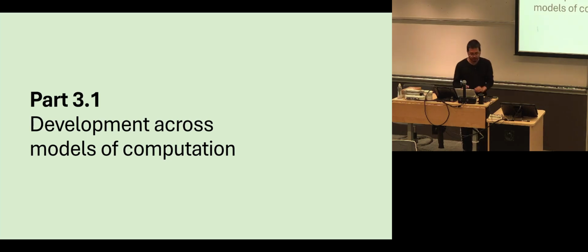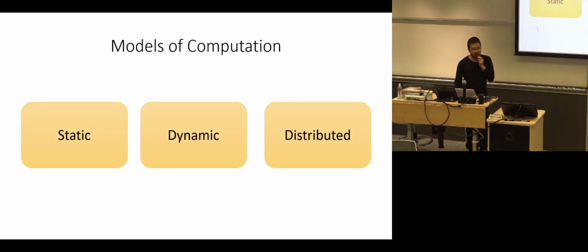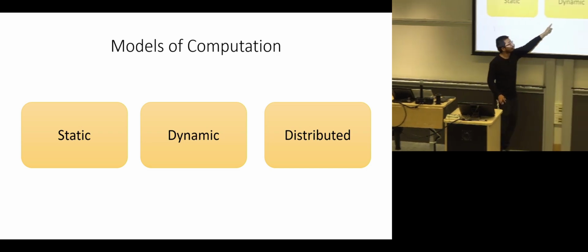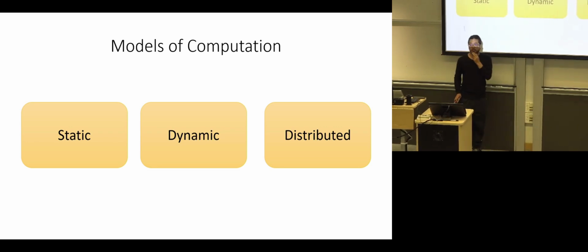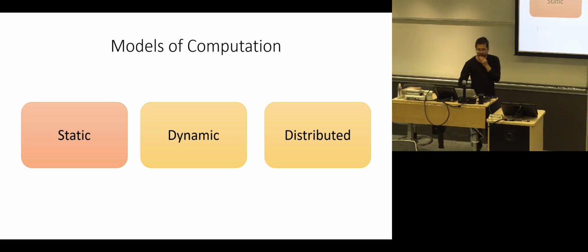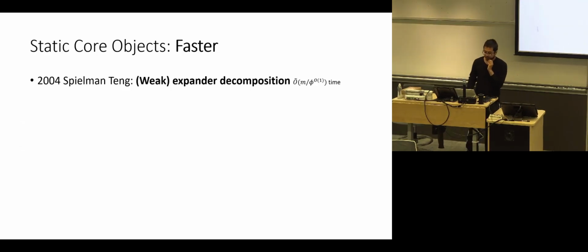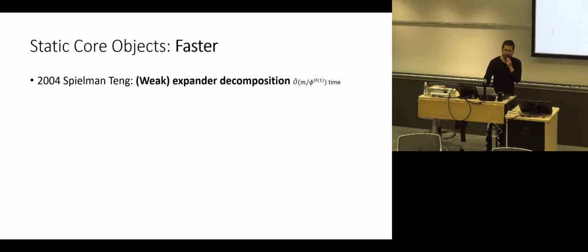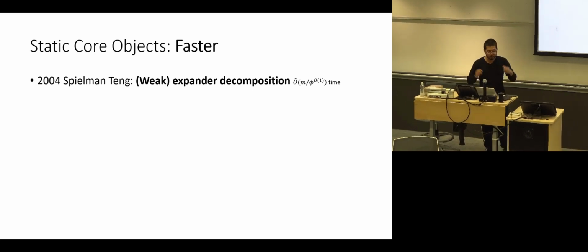So first, across models of computation. There will be the classical static model, and then dynamic algorithms and distributed algorithms. So first, the static one. There is some work that tries to improve the core object itself.